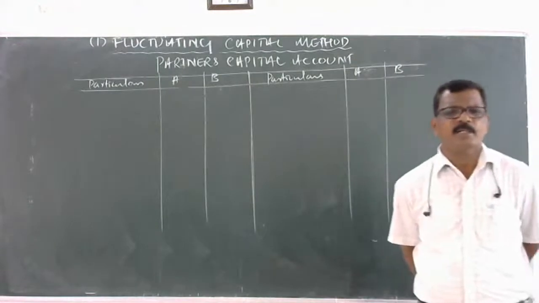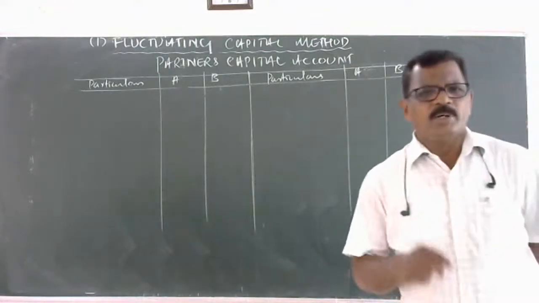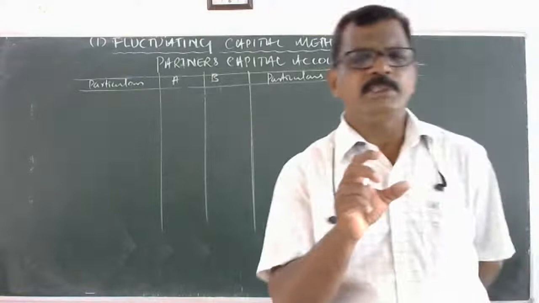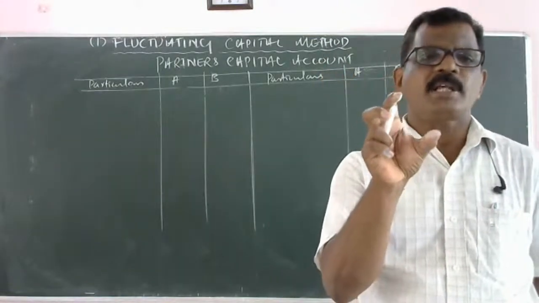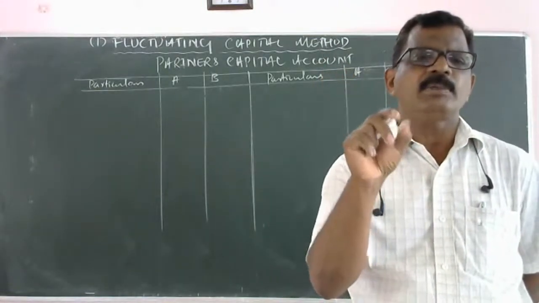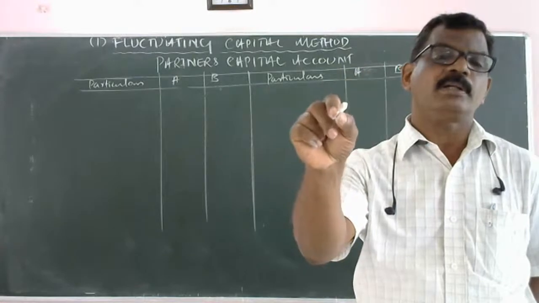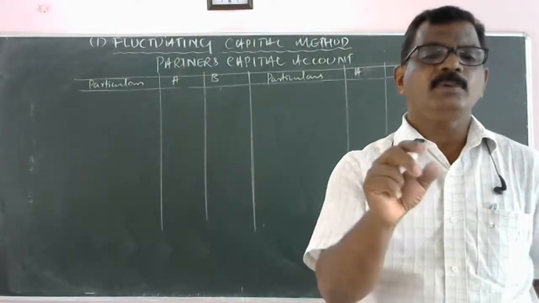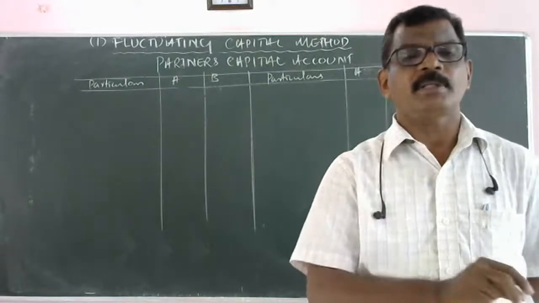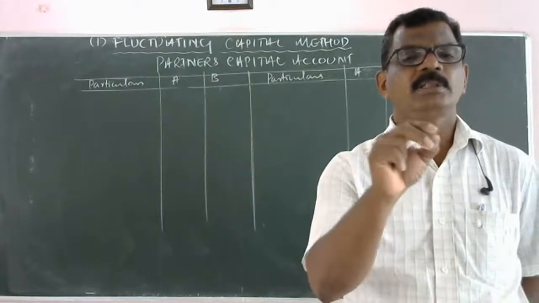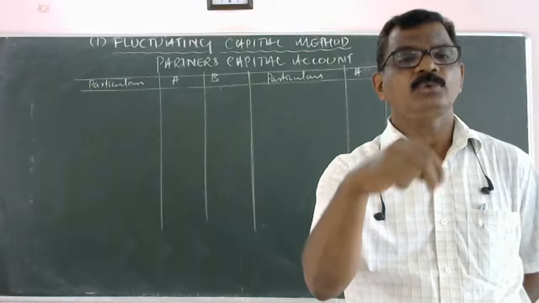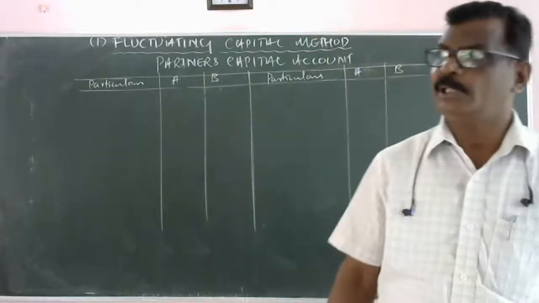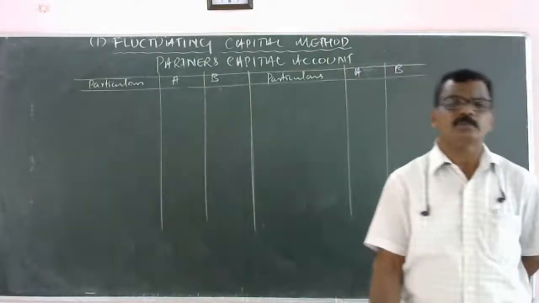Whatever amount is added to the partner's capital, that is the amount which belongs to the partner, is credited. The amount to be deducted from capital, that is the amount which the partner has to pay to the partnership firm, is debited to partner's capital account.